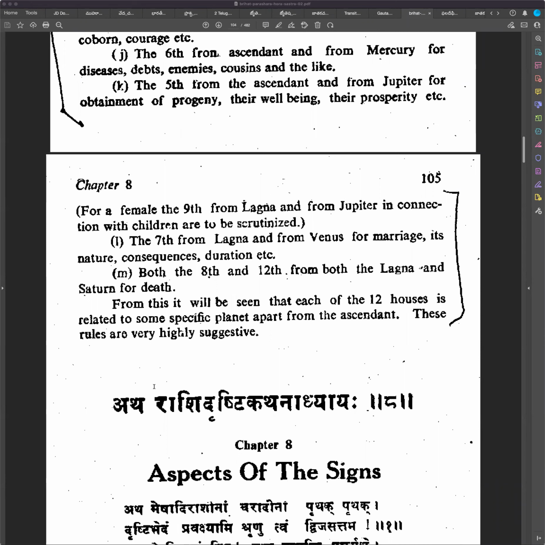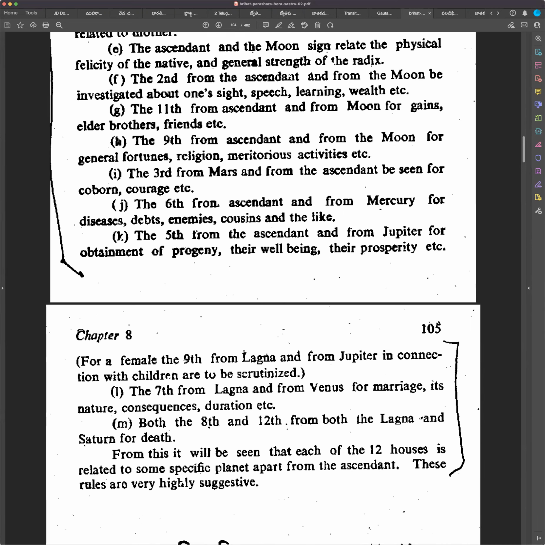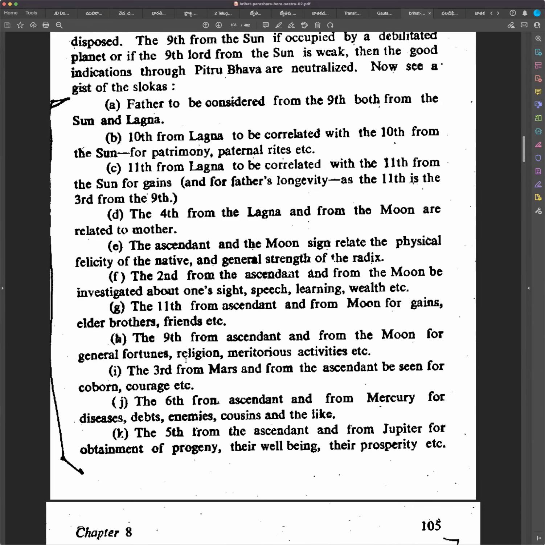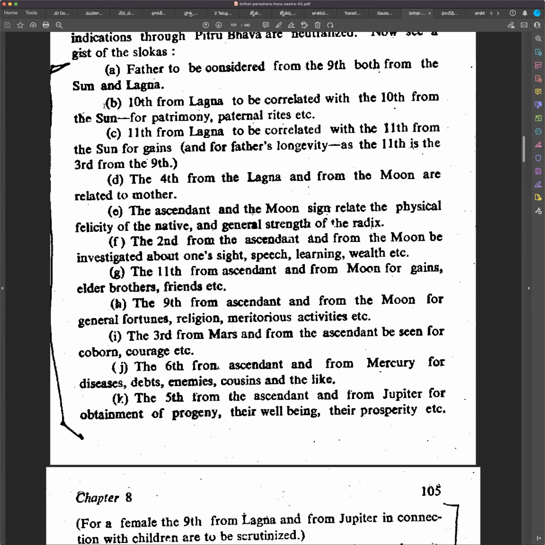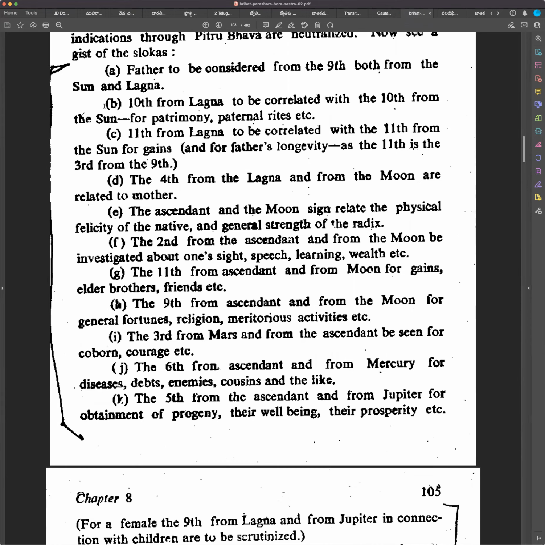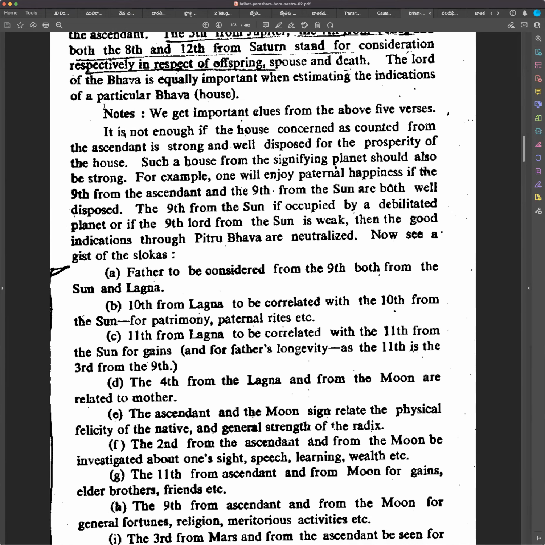From this, it will be seen that each of the 12 houses is related to some specific planet apart from the ascendant. These rules are very highly suggestive. Here, the Rishi not only told us to consider the Bhava from the ascendant, he also told about the Karakas of particular houses, and to count from that planet also.